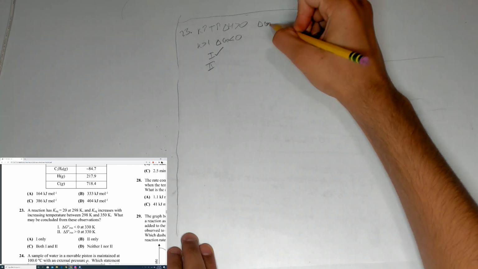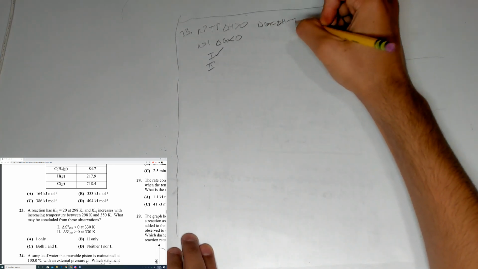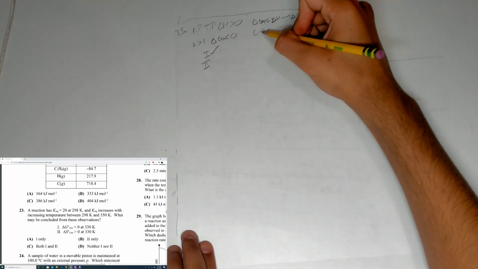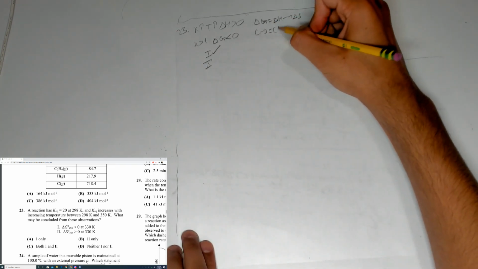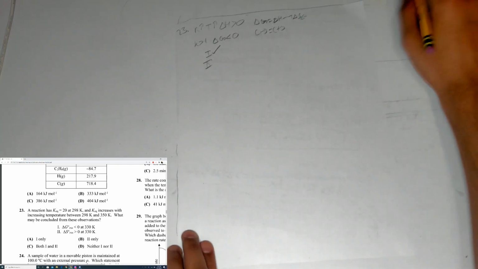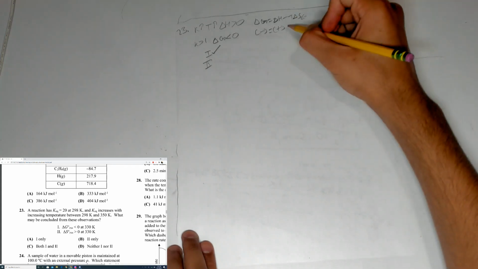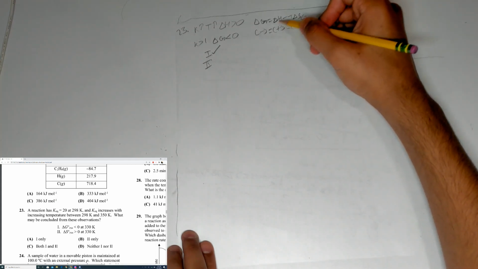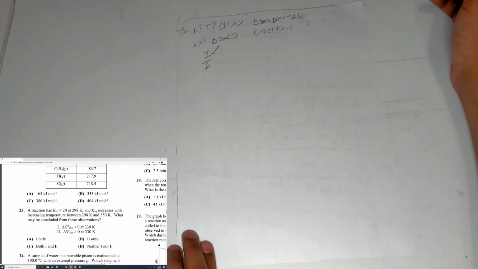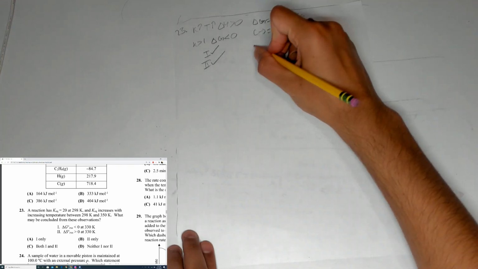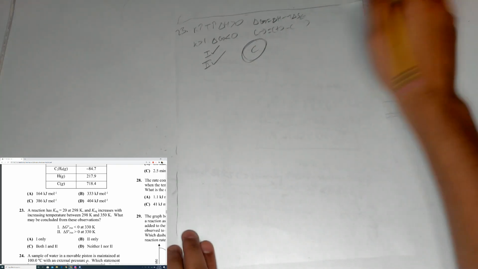Delta G equals delta H minus T times delta S. If delta G was negative and delta H was positive, delta S must be positive too to make delta G negative, right? If this expression was positive, this will become big enough and offset the positive delta H by subtraction. It will mathematically work out. So that means option 2 is good, and that means it's C.